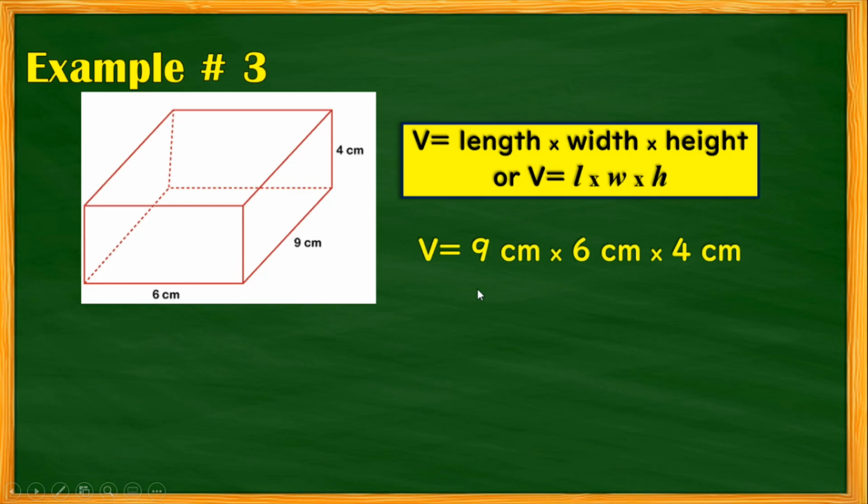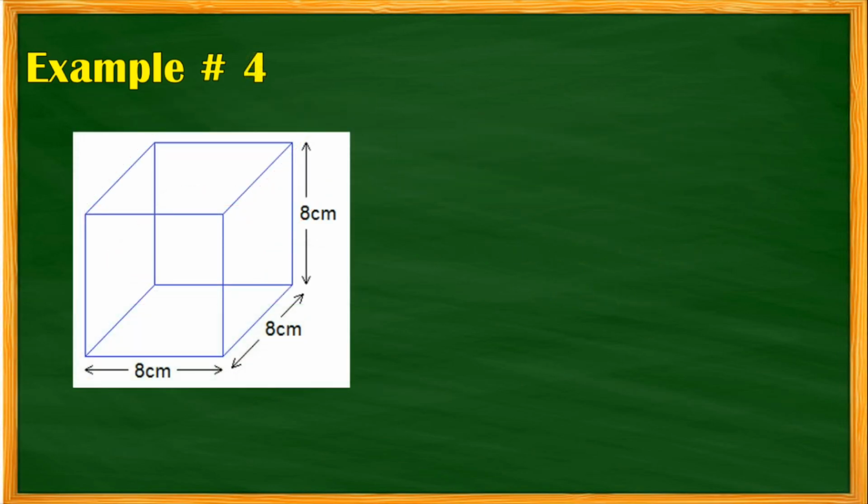So substitute to the formula. Length is 9, the width is 6, and the height is 4. 9 times 6 times 4, the answer is 216 cubic centimeters.